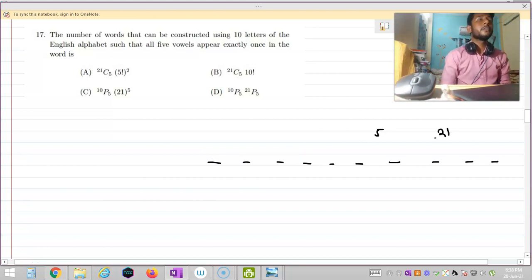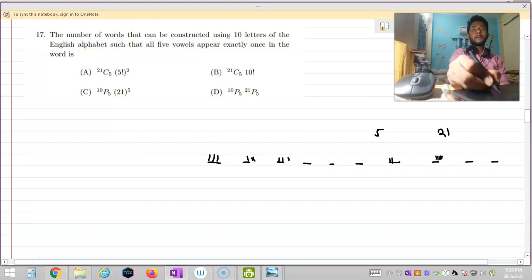Among these 10-letter words, 5 positions are vowels, and the remaining will be filled by consonants. You can see that there is no restriction on the consonants, so each can be chosen in 21 ways.